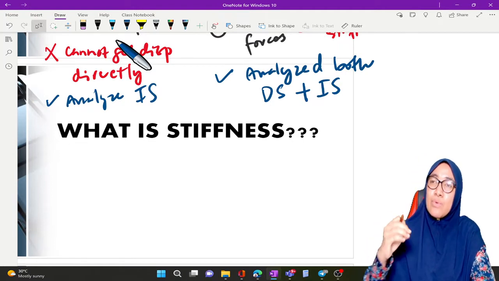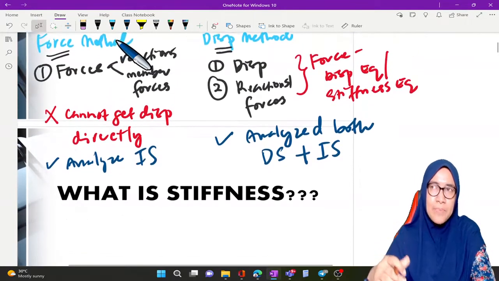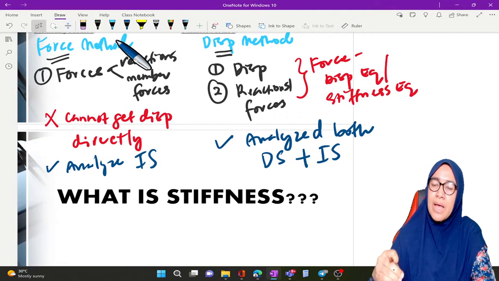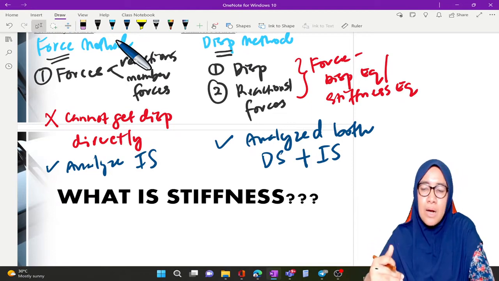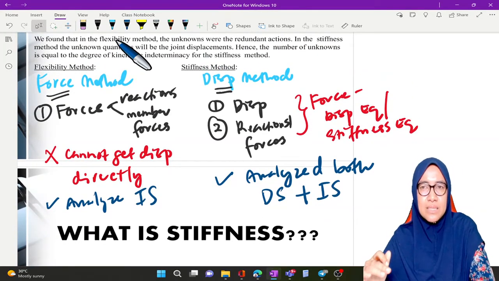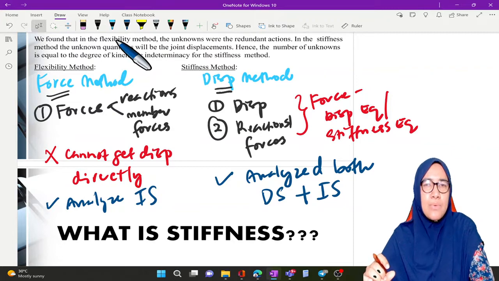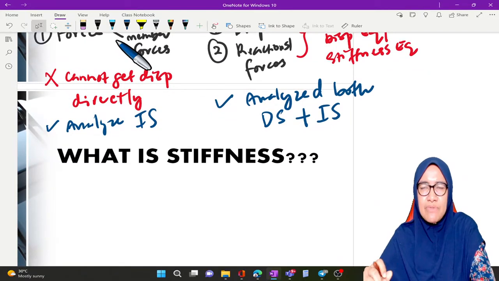The steps that we normally use whenever we want to model a building, for example, the structure in the software, the procedure will be the same as what we will analyze under the stiffness method. If you have questions, you can write in the Q&A box and I will try to answer your question. So what is stiffness?